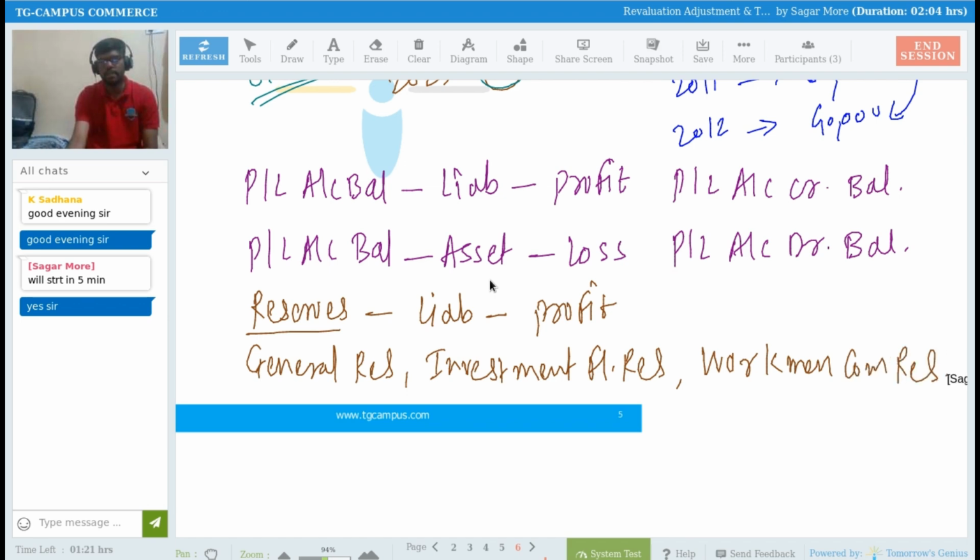This kind of reserves you will find on the balance sheet liability side. We have to distribute these among all the partners in case of retirement of a partner, as per their old profit sharing ratio.